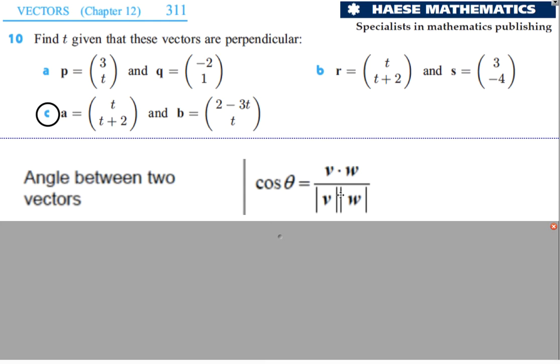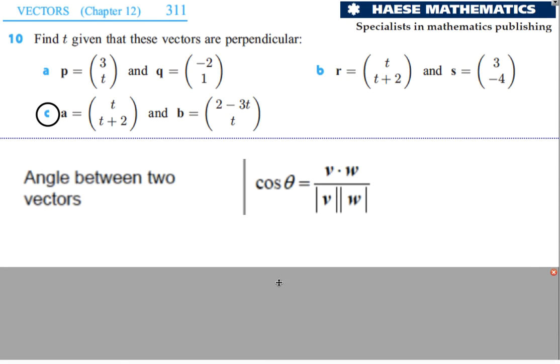So that would mean that if we clear fractions, we get 0 on the left, and multiply both sides by these scalars, which would still leave us with 0 on the left, but just with v dot w on the right.